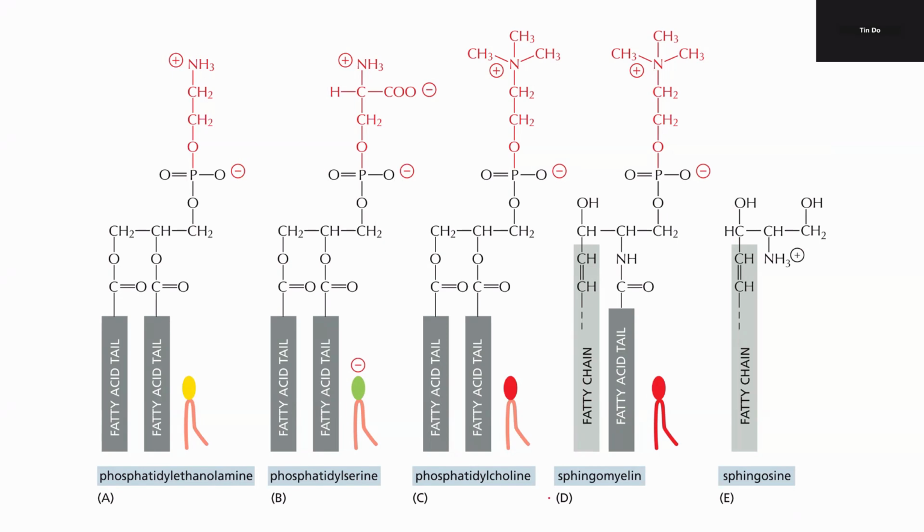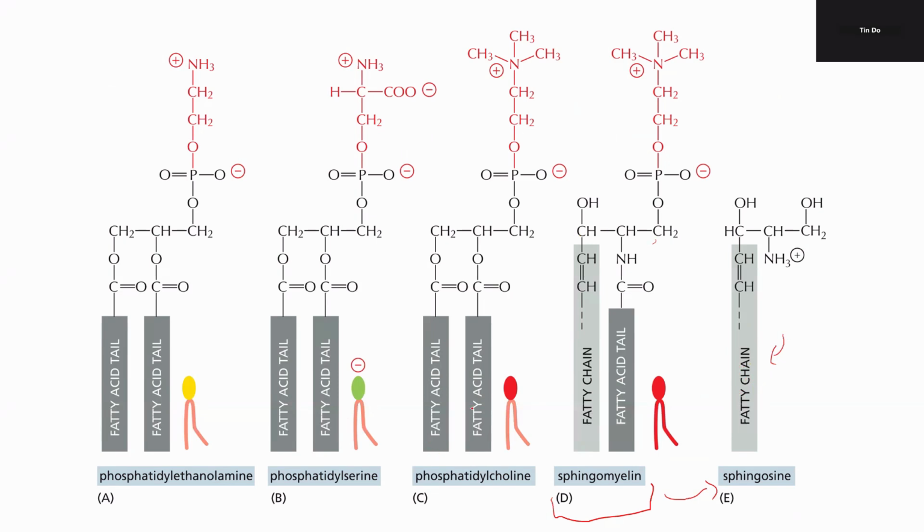Now, sphingomyelin is made from sphingosine. So sphingosine again is just a precursor. It's involved in other processes inside of our cell, but just know that with the sphingosine, you can see it's a monomer or single-chain fatty acid tail. So it could be a precursor to cholesterol, for instance, or it could be a precursor to many other types of things. But the four main classifications are these four.